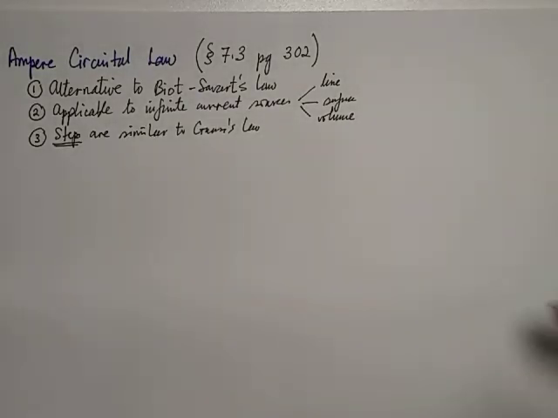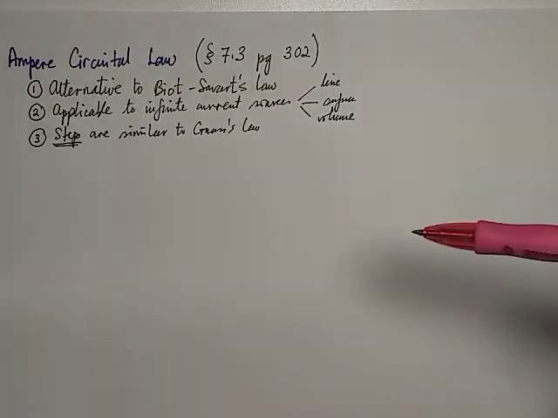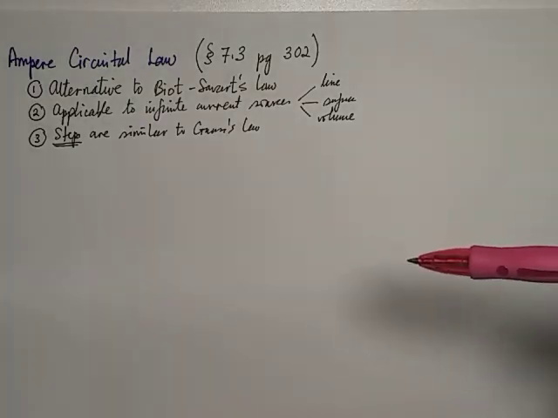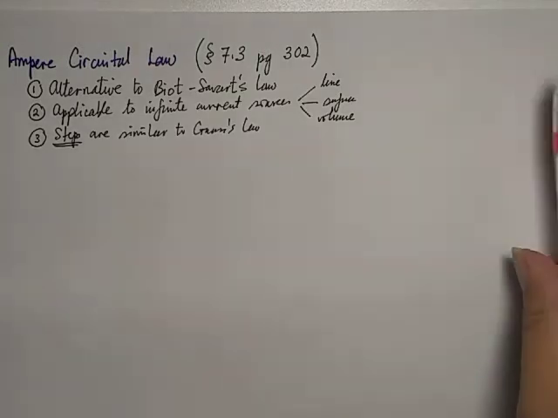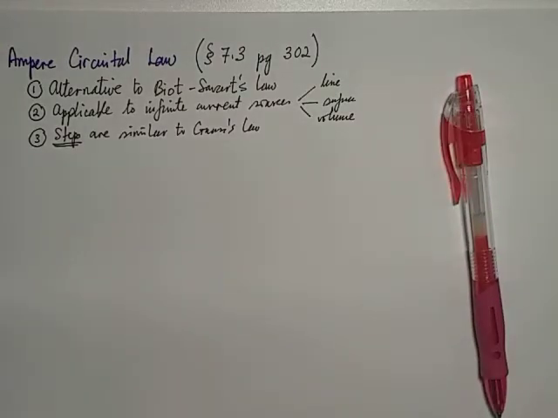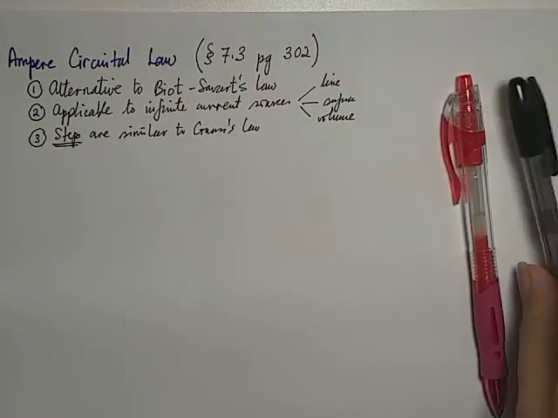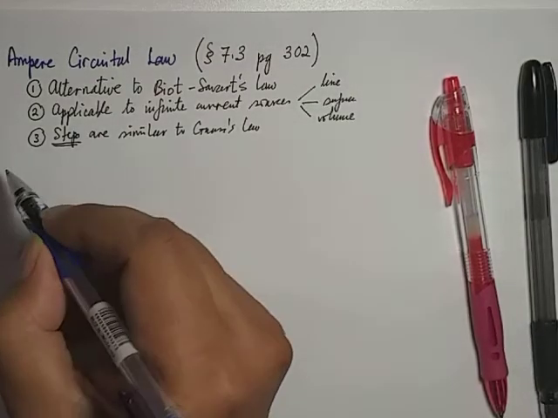So what I'm going to do now is solve a problem based on what we have seen before, specifically the problem that we solved under the category of Biot-Savart. Let's recall the first problem that we did together, example 1.